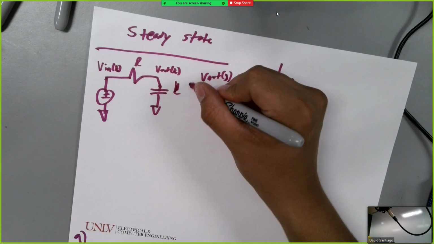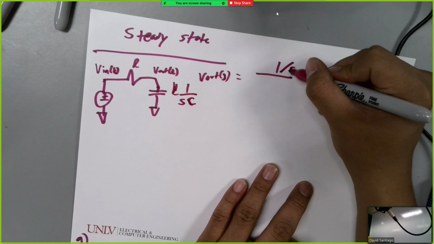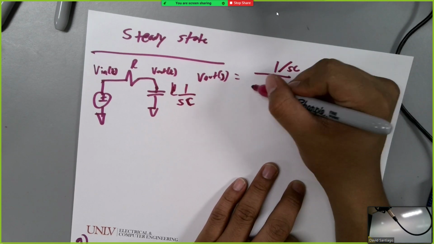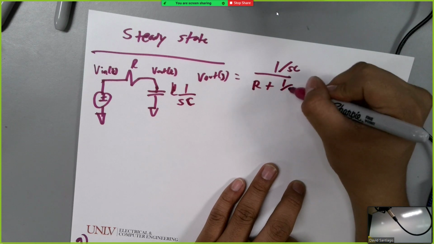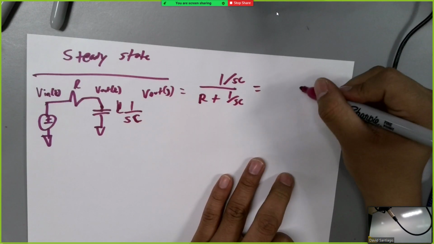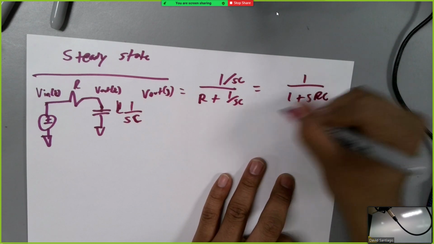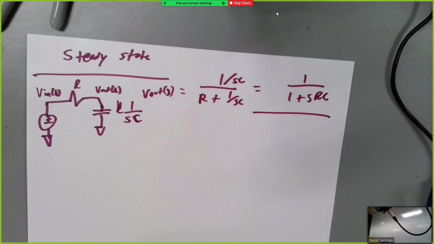We're going to have 1 divided by SC over R plus 1 over SC, and then it becomes 1 plus SRC. Done. Easy?